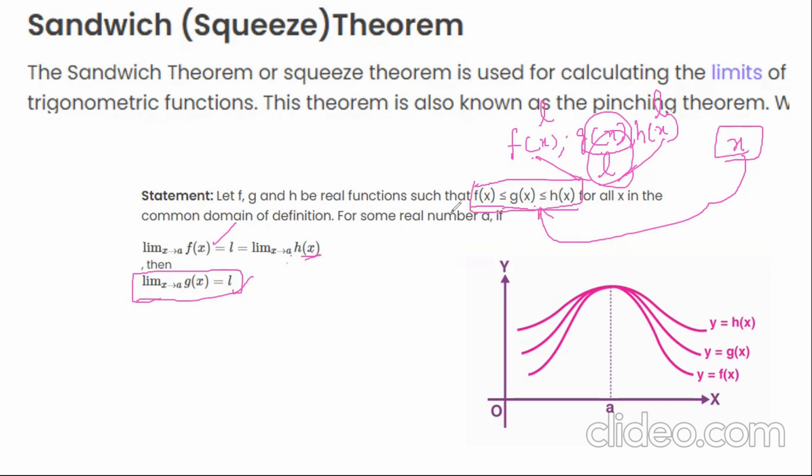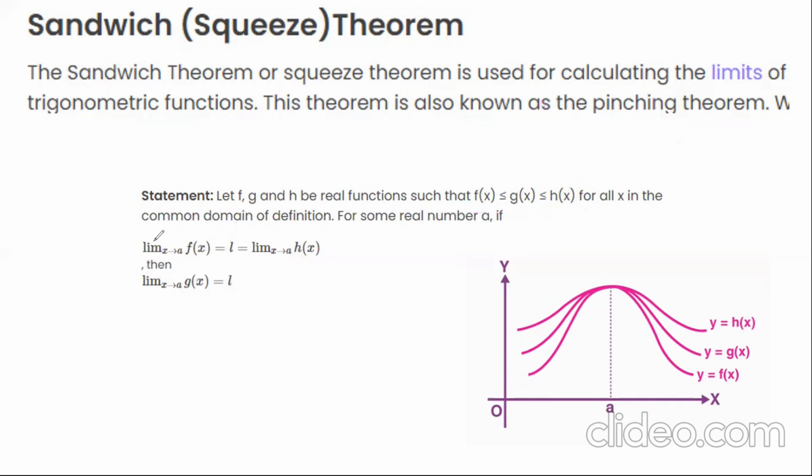So for some real number a, limit x tends to a of f of x is equal to L, and limit x tends to a of h of x is also L, then limit of g of x as x tends to a is also L.